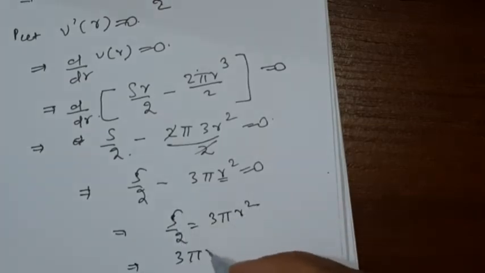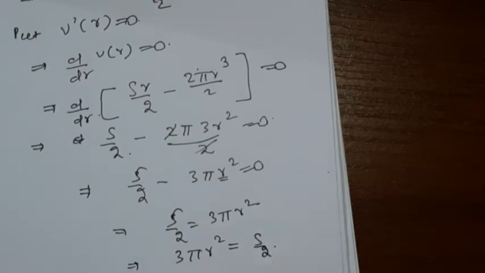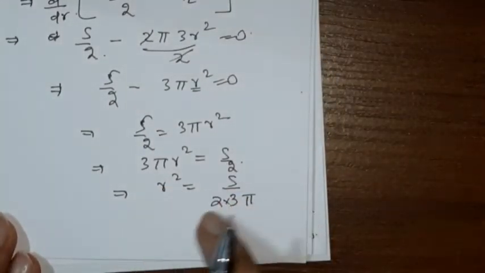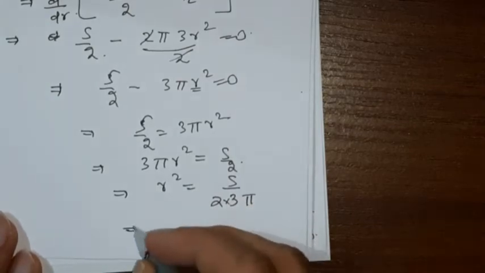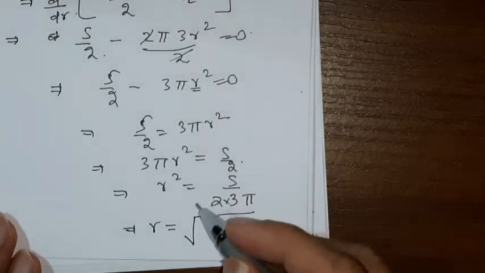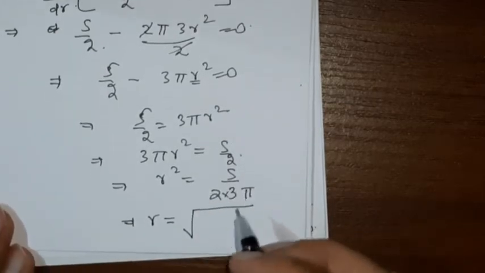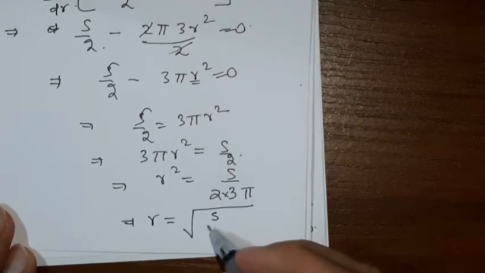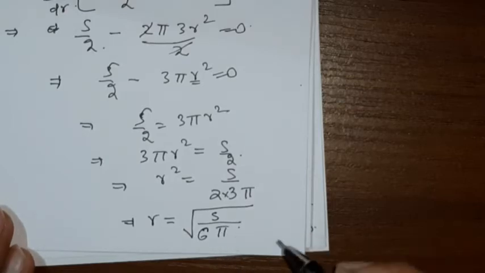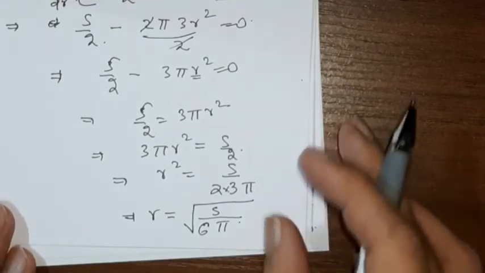That means r square is equal to s by 2 times 3 pi, so r square is equal to s by 6 pi. Then r is equal to the root of s divided by 6 pi.